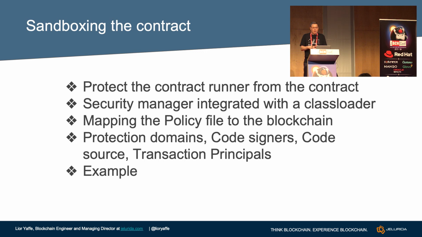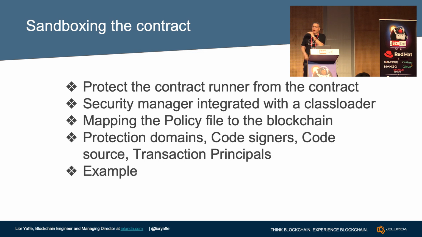We use the standard Java policy file. By default, when you run a contract, it has no permissions at all. You can grant contract permissions based on the account that submitted the contract to the blockchain, similar to the way we used to sign Java applets with certificates. We can also use the contract hash itself as a principal in the policy file.